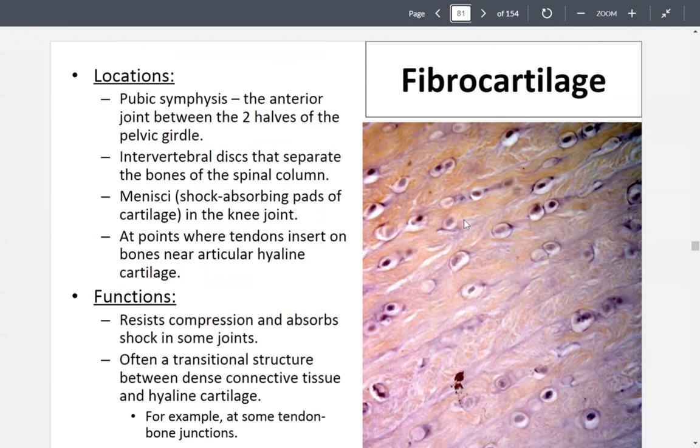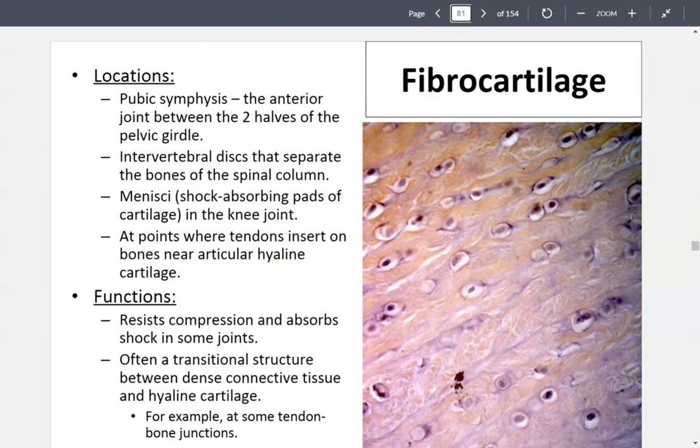Where do we find fibrocartilage? Fibrocartilage is found at various joint spaces. The pubic symphysis, so the place where your two pubic bones meet at the front of your pelvis.